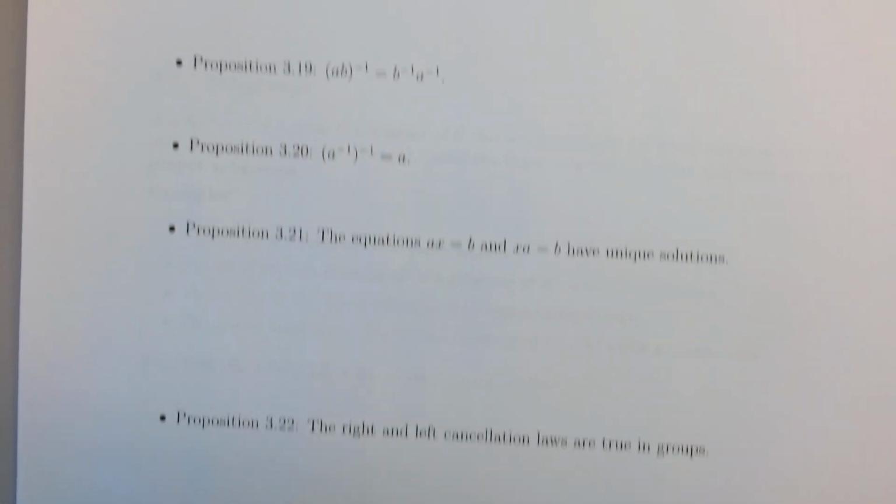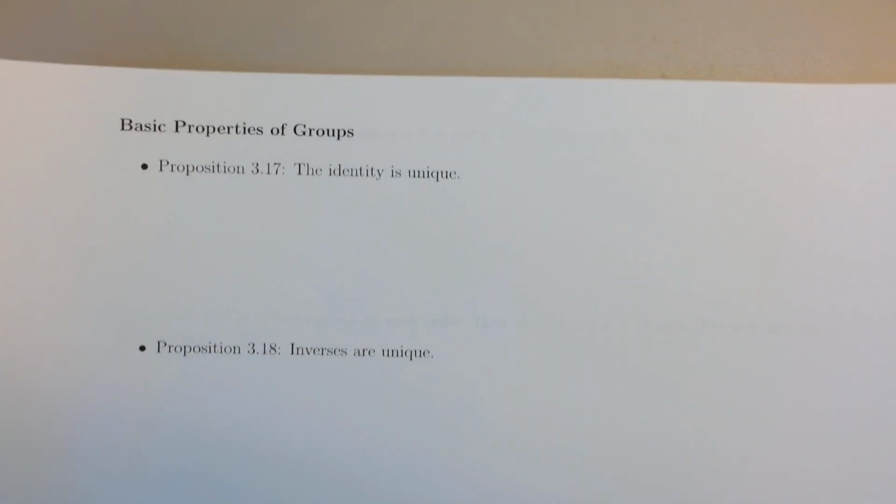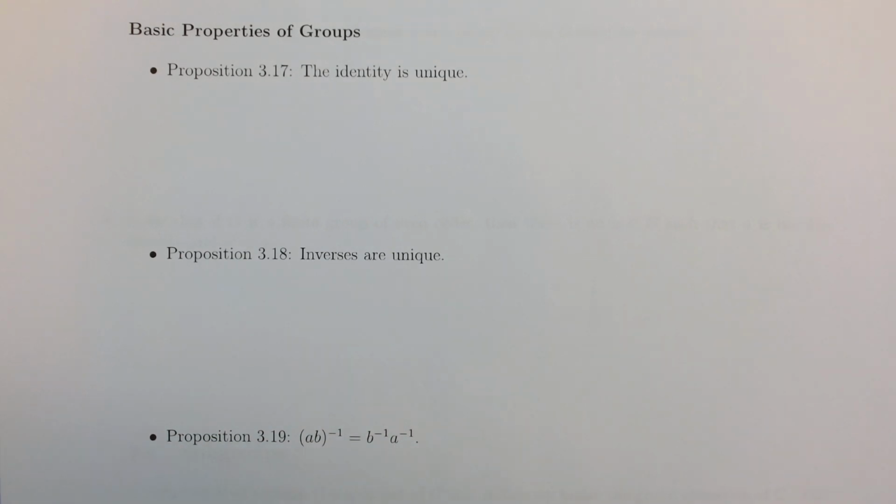We'll finish up this video proving some basic properties of groups. When you define a structure like this, a group, you want to give properties that are enough so that other properties come from them.